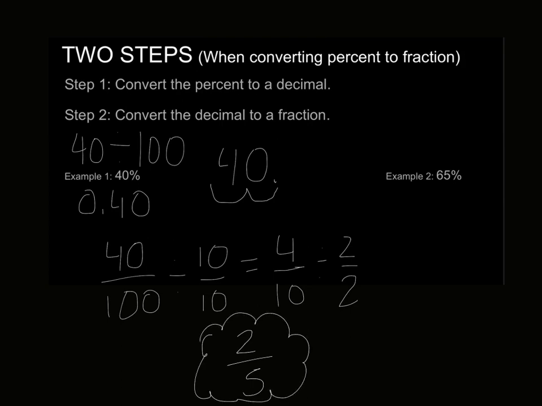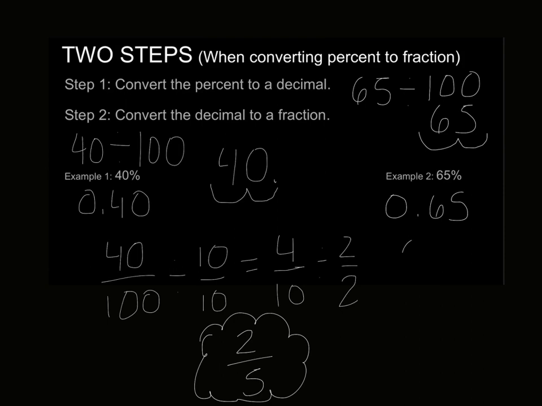So for my next example, I've got 65%. Same thing, I've got 65. And when I move that decimal to the left, I end up at 65 hundredths. So I divided that by 100, and I get 65 hundredths. I know 65 hundredths is going to be 65 over 100.